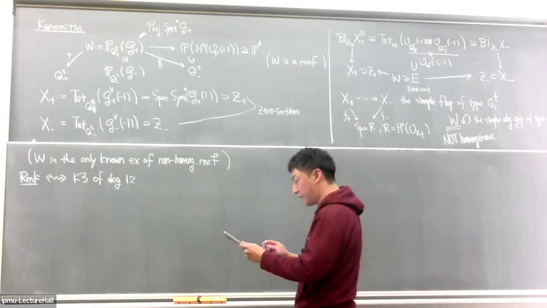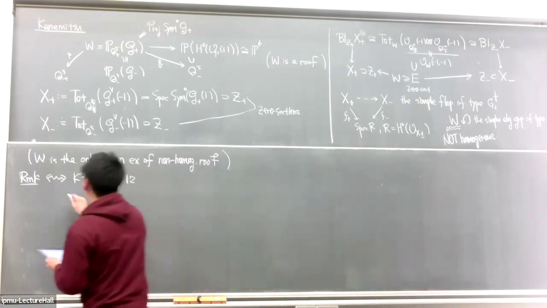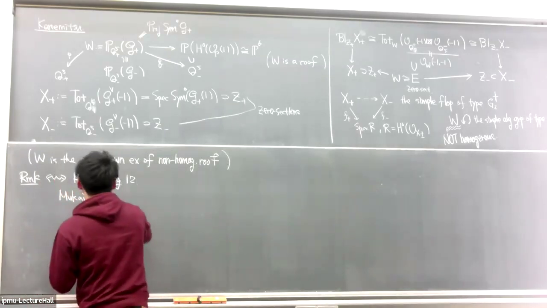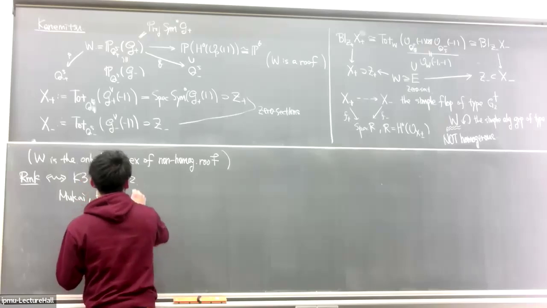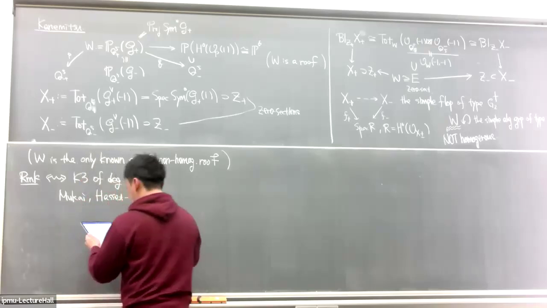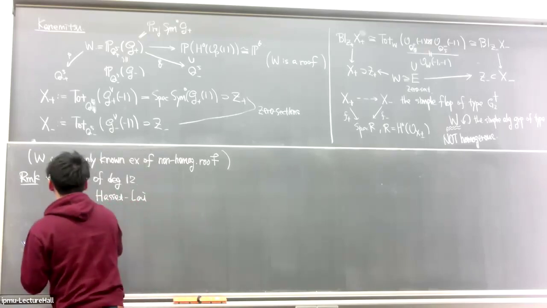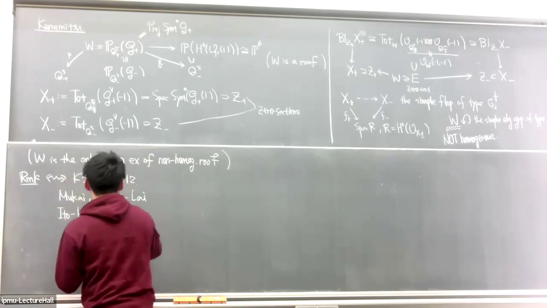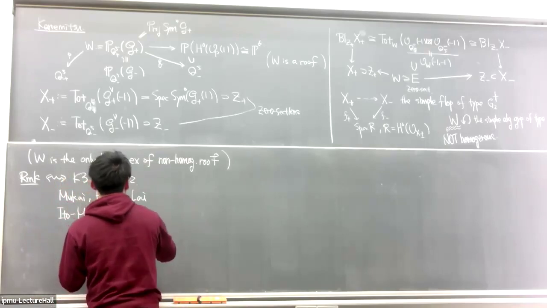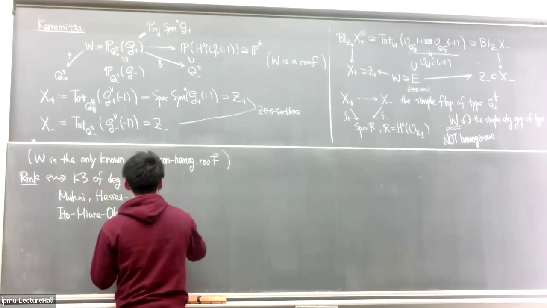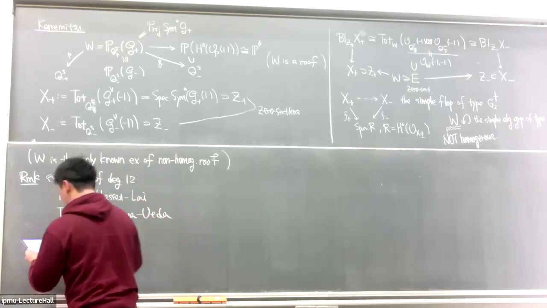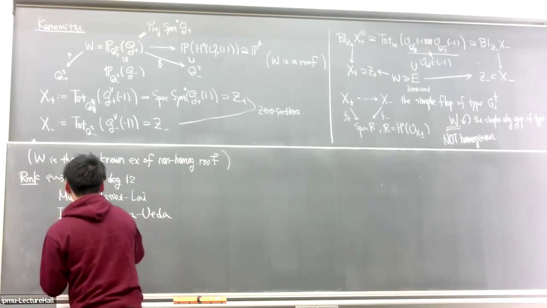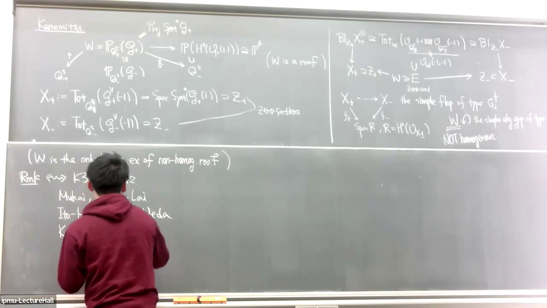Such a class of K3 surfaces was first studied by Mukai and then by Fawcett, Ray, and then Miura, Okawa, Ueda, and others.